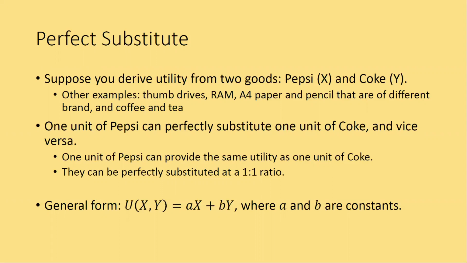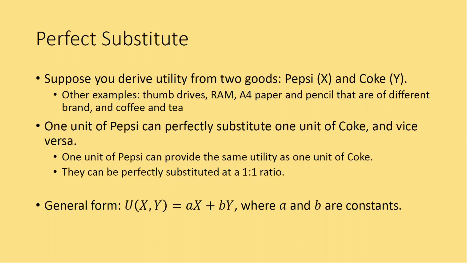We view those goods produced by different companies as perfect substitutes, like Pepsi and Coke. The last one may be less true for more people, but coffee and tea may be viewed as perfect substitutes by some people as well.